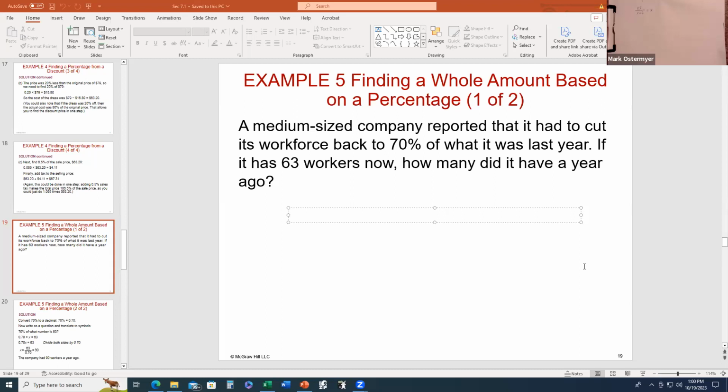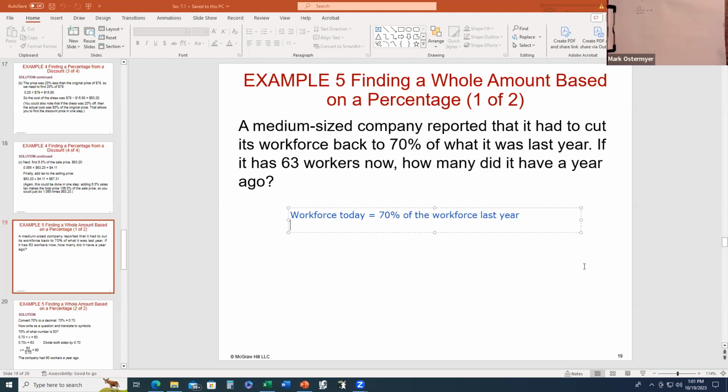In fact, our workforce today, now this is one way to do the problem. The workforce today is equal to only 70% of the workforce last year.